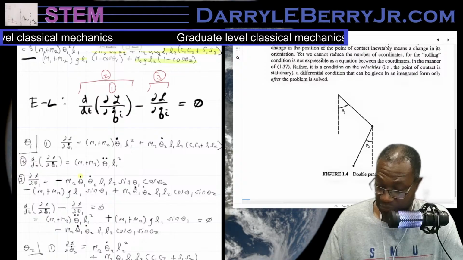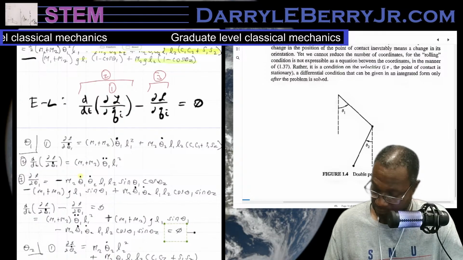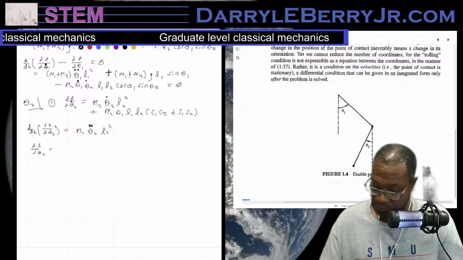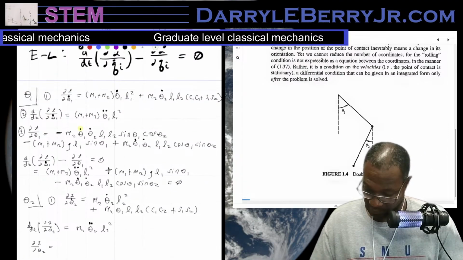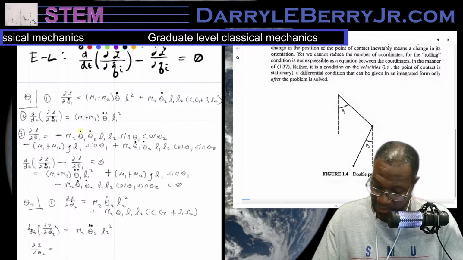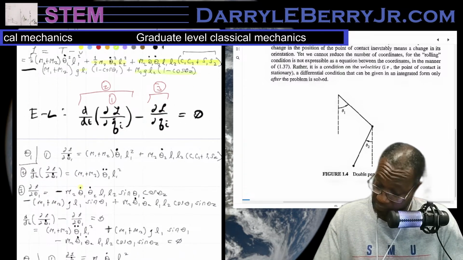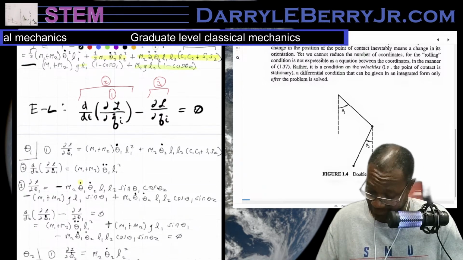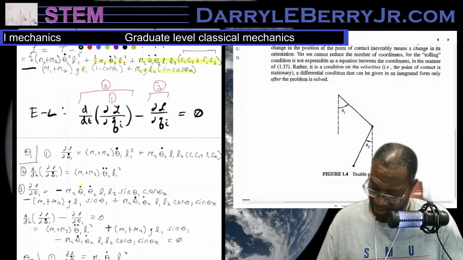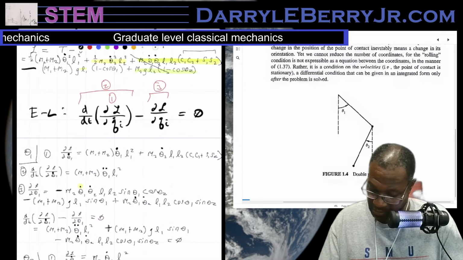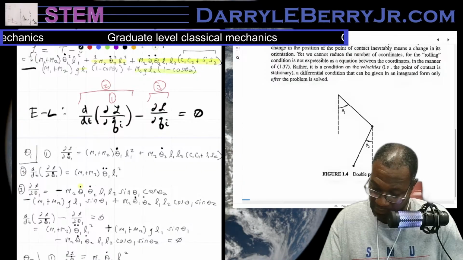And I'll move my equal 0 down. So theta dot 2, I have that there and there. Oh, so I got to do 3. I got to remember that on the exam. And maybe I should copy this down and make it easier to not have to scroll so much.